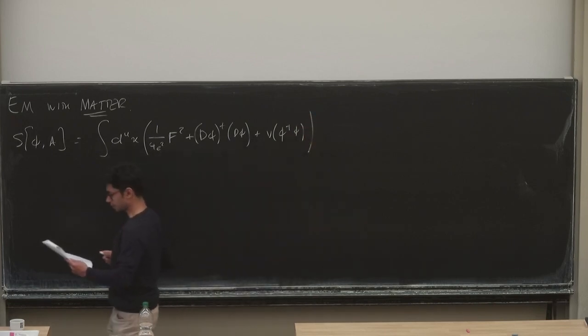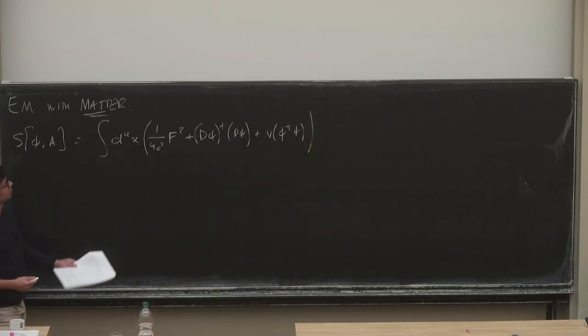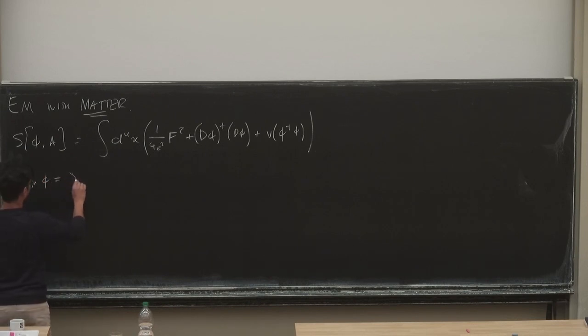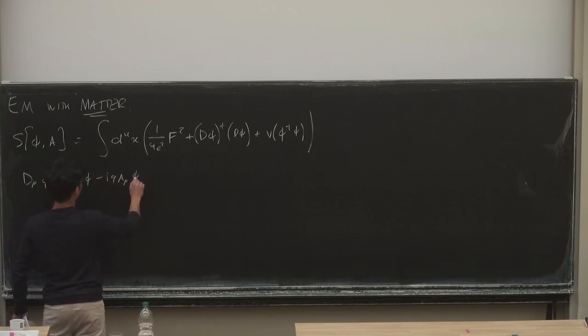Okay. And my scalar has charge q, which means that the gauge covariant derivative of my scalar is D_μφ = ∂_μφ - iq A_μ φ. Okay, so the usual U(1) gauge covariant derivative.